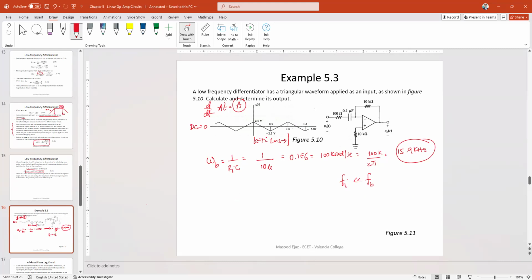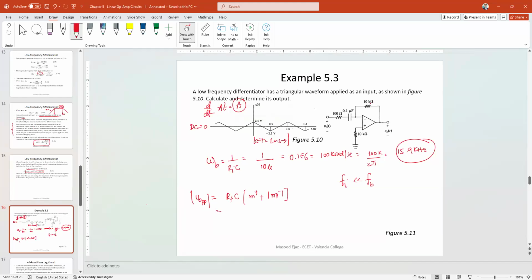So for the output value, we know the output waveform is going to be a square wave, and V out peak to peak is going to be RF times C, just the magnitude, times the positive slope plus the magnitude of the negative slope.